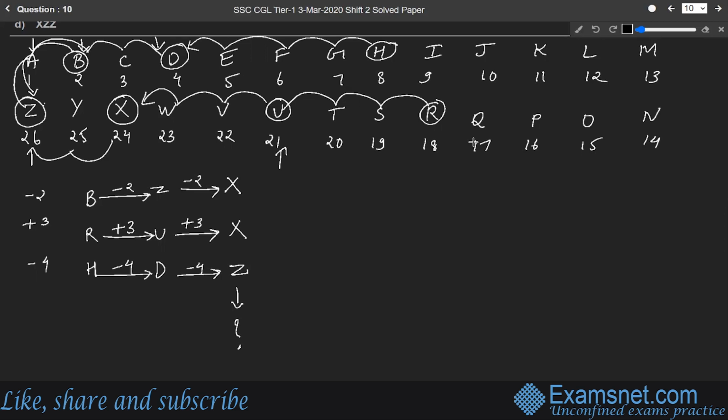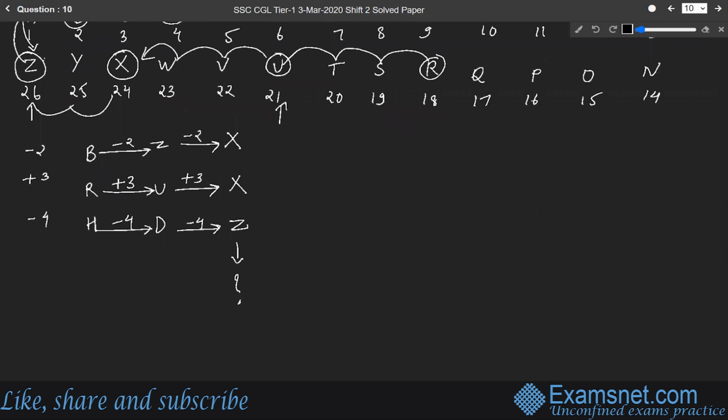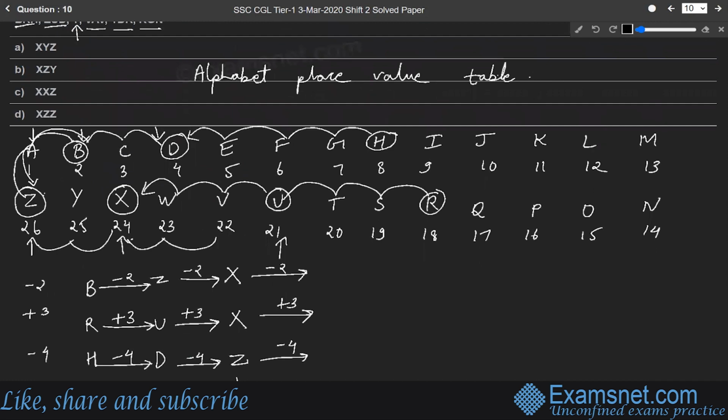But let us check it for the other letter clusters also. See, after the question mark, there is VAV, right? So let us check it for that. According to the concept, it should be minus 2, plus 3 and minus 4. So X minus 2. See, X is present here again. X minus 2 will be 1 and 2. It is V. So writing V here. Then X plus 3. Now X is again here.